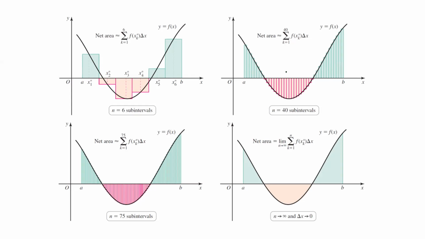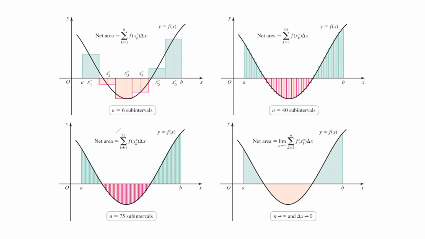So we increase the number of subintervals. Let's do 40 subintervals with 40 rectangles. What we observe is it does a better job of filling in the area. This is more exact, but not perfect, because we still see little tiny gaps between the curve and the approximating rectangles.